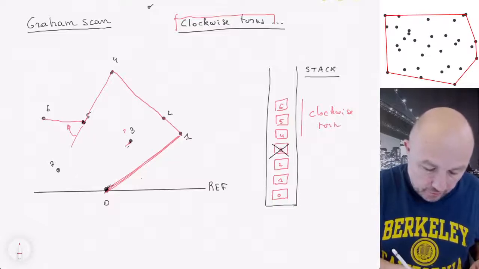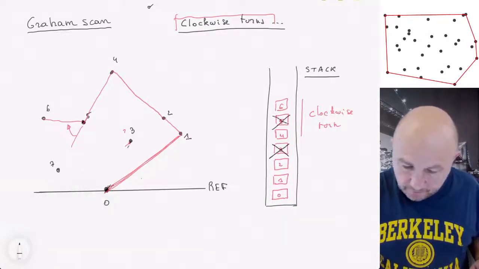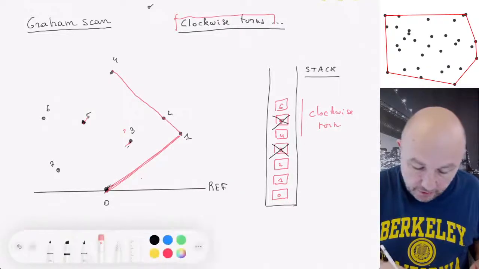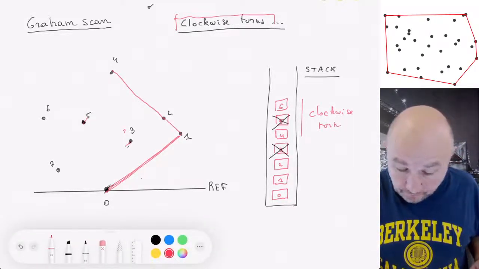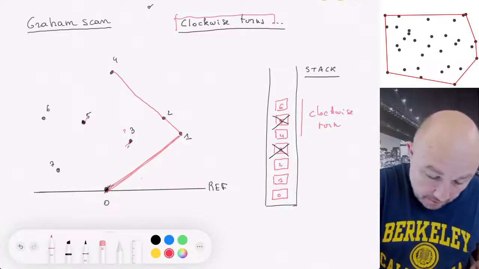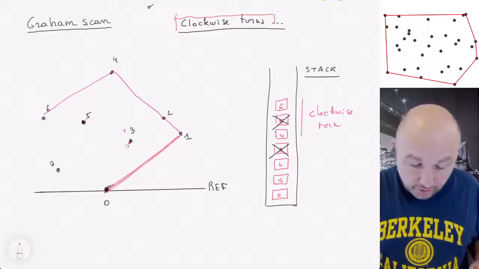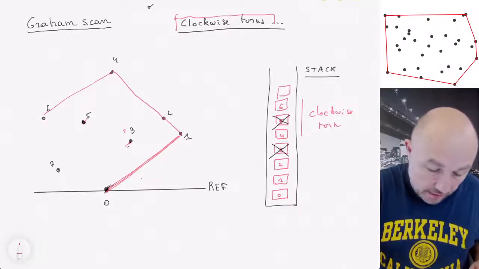And so we just erase that one, which means that now those points are not there anymore. And we look if 2, 4, 6 do a clockwise turn. It's the case. Okay, so we continue, and then after I put 7, and it's the last one.